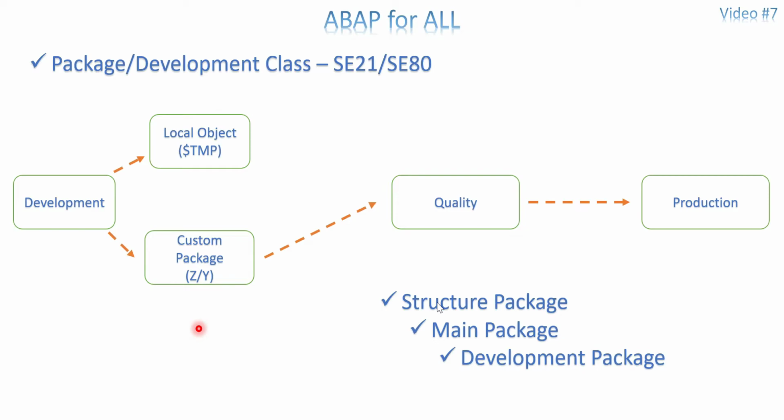In the last video, in the last few minutes, I showed you a transport request, and some number is generated. So every object should be associated with a transport request. Without a transport request, you can't move a single object or single piece of data from one server to another. So that is very important, the transport request.